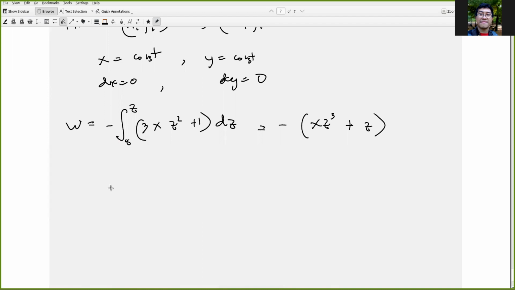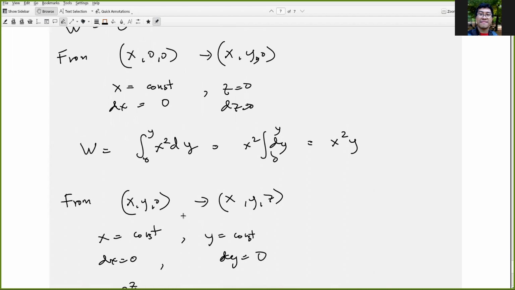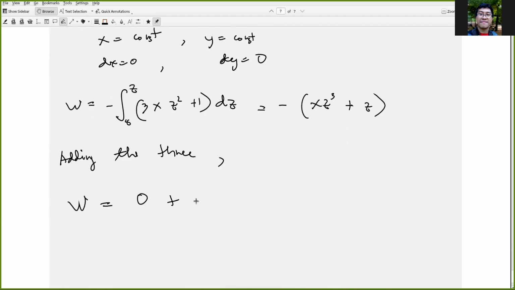So adding the three, you have w equals 0 plus x squared y plus negative x z cubed plus z.